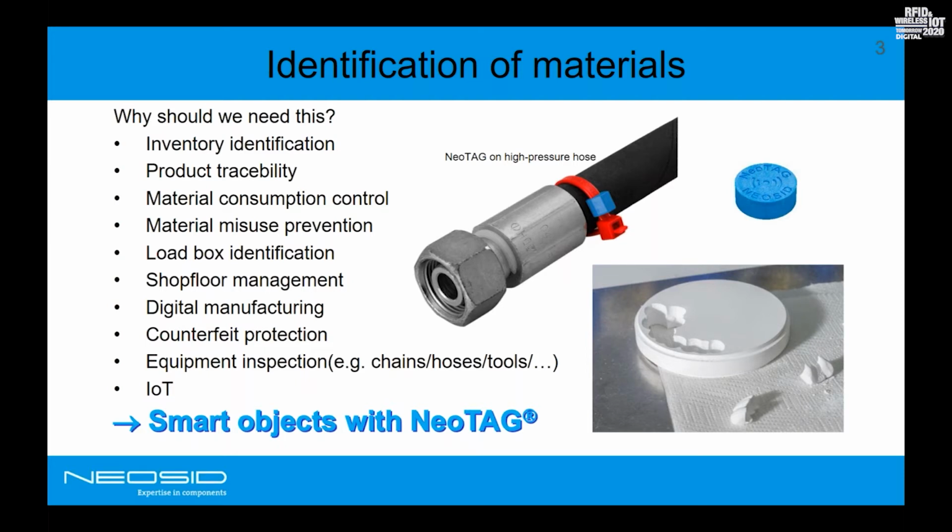Load box identification is also possible, so altogether shop floor management in production areas. Digital manufacturing is a result of it, and other things which also come together with it is, for example, counterfeit protection.